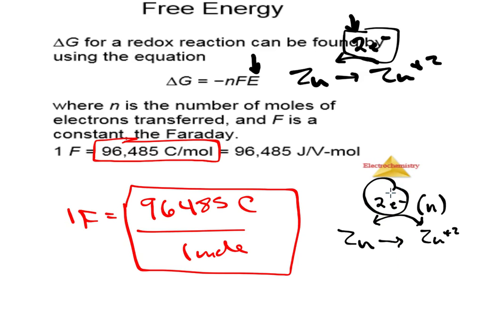You okay with that? F is this value, which is a constant, which is nice. It is given to you on the AP sheet: 96485.